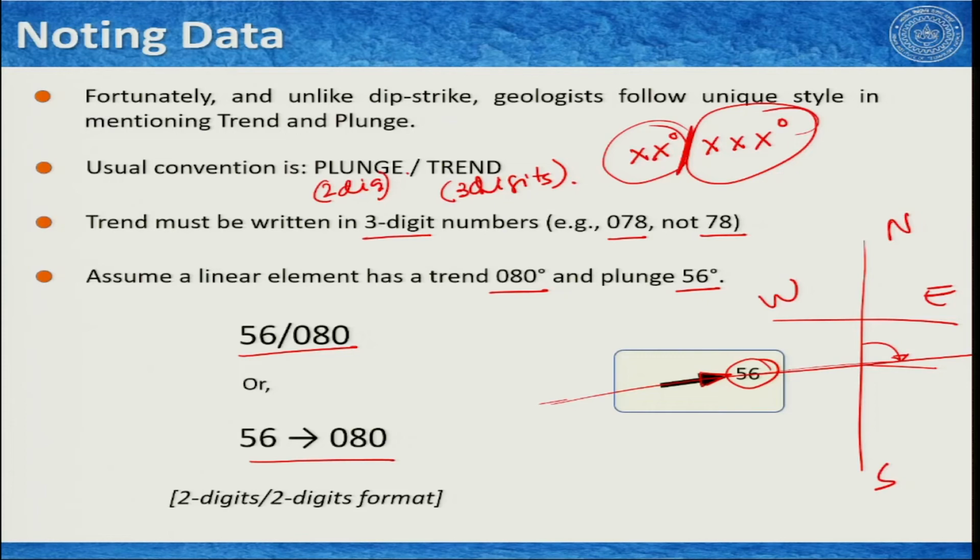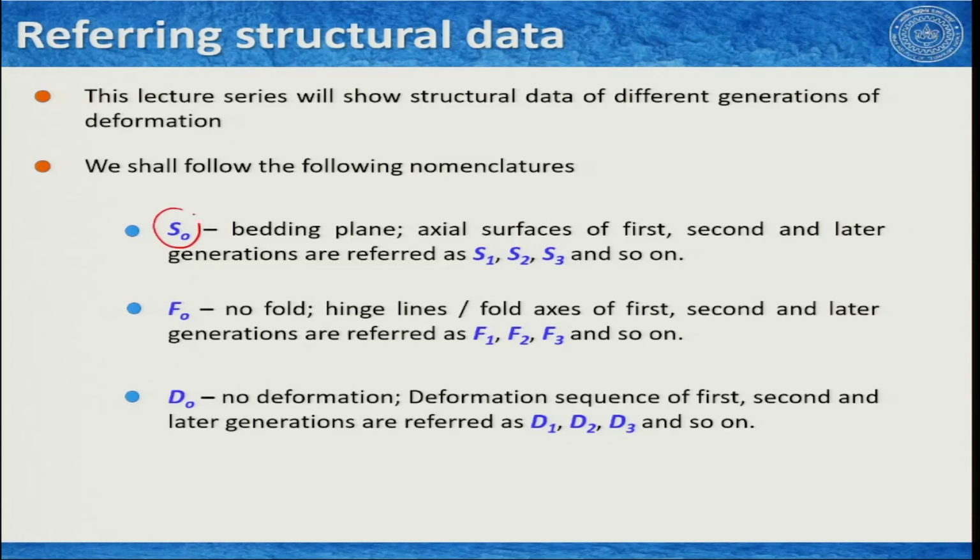In this lecture, we will be having different types of planar features. We will be having different types of linear features, particularly when we refer to the superposed fold. So, we will follow some nomenclatures, and in the field we will refer to them accordingly, and at the same time we will note them in the notebook and plot them in the map in the same fashion. Always we refer to the primary bedding plane as S0, that means sedimentary layers.